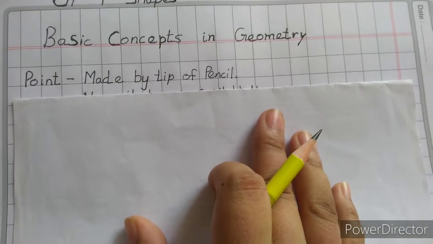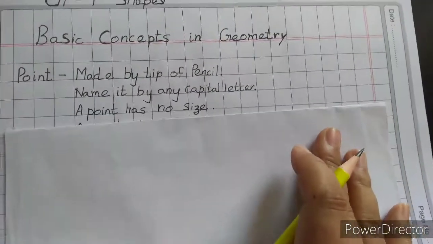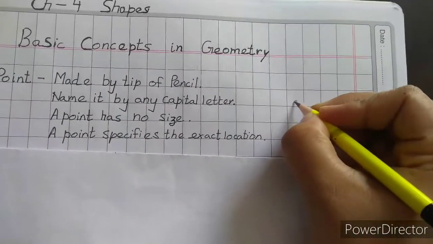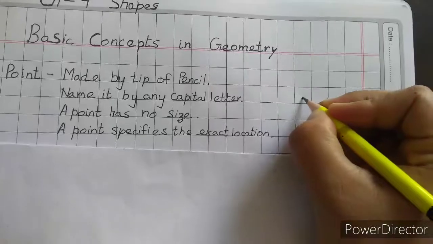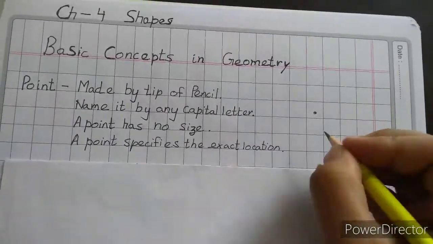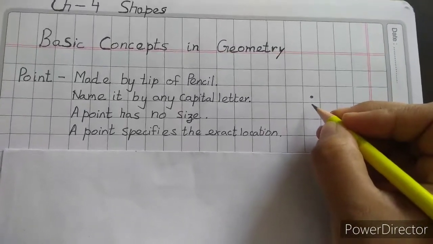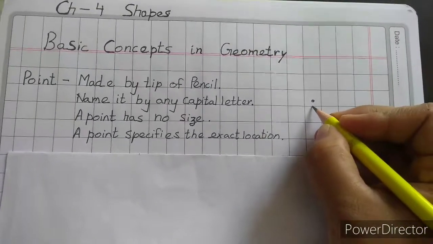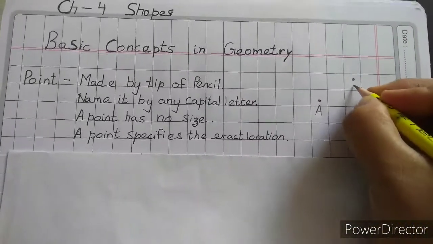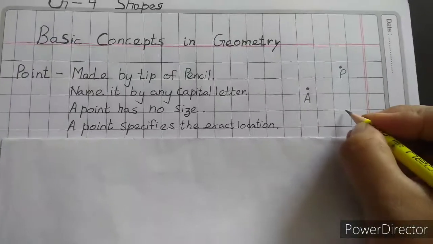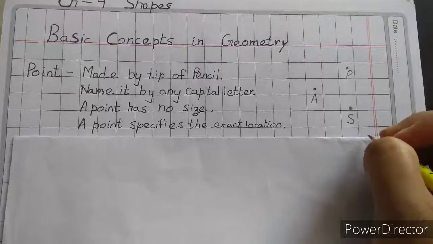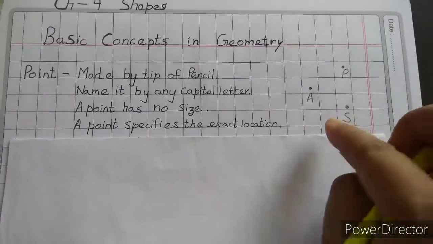So, what is the first thing? Point. What is a point? It is made with the tip of a pencil or a marker. Name it by any capital letter of the English alphabet. Like you can name it as A, P, or S, any capital letter of the English alphabet.